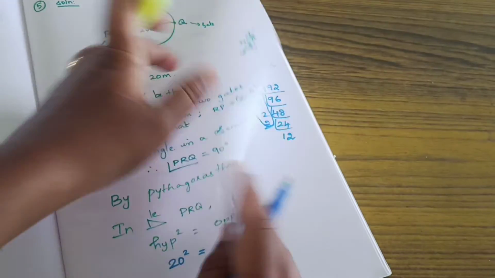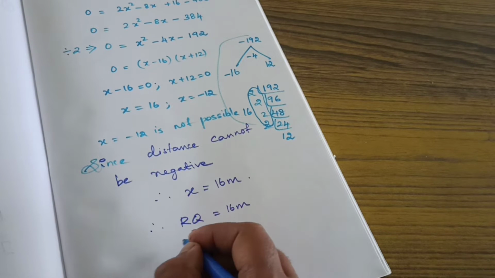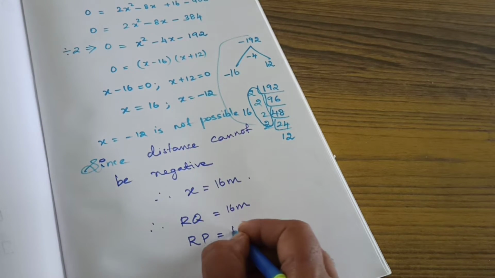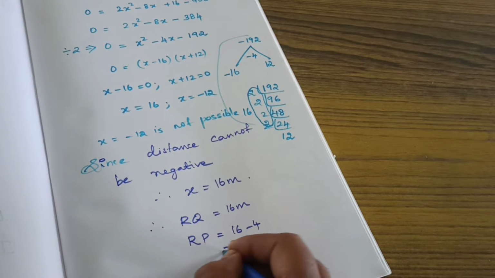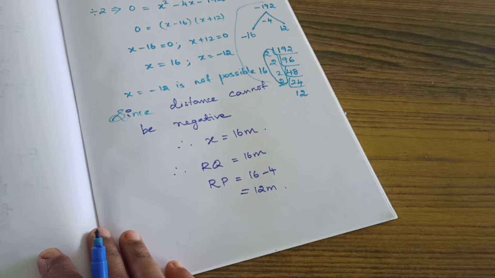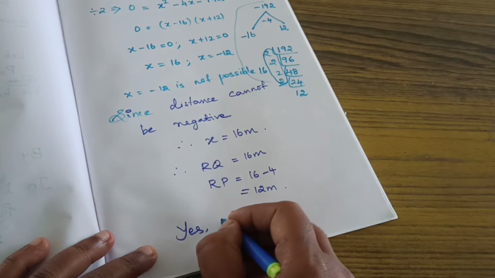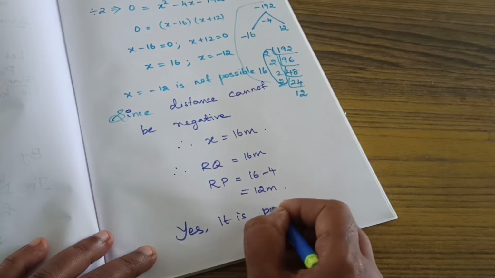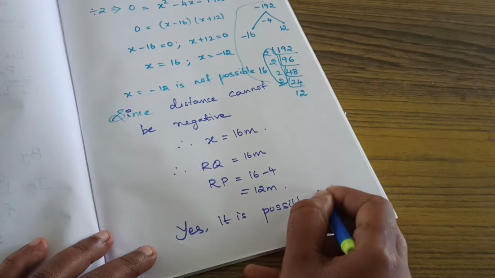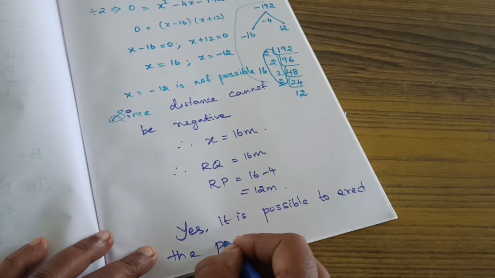Therefore RQ is equal to 16 meters and RP is equal to 16 minus 4 equal to 12 meters. So we need to conclude this question by writing, is it possible to do so? Yes, it is possible to erect the pole.